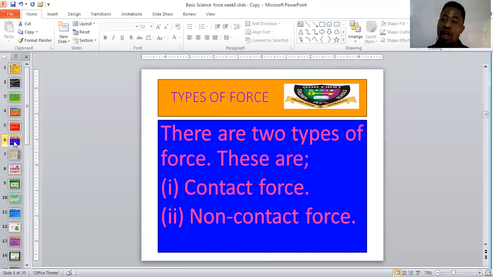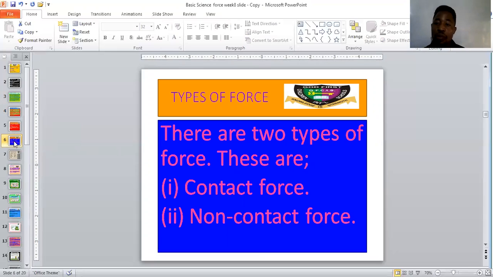I explain further. In order for you to get a particular object moving, you need to come in physical contact with that object. For you to push a car, you need to go close to the car and make sure your hands are touching it to be able to push it. That is contact force.